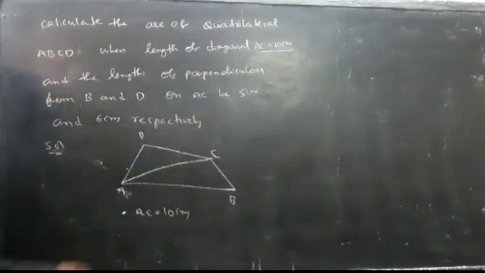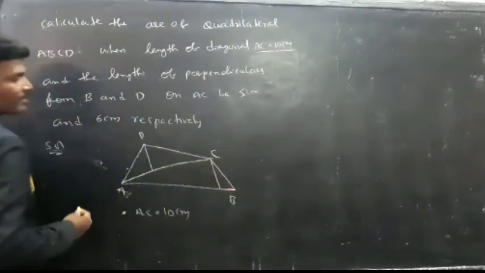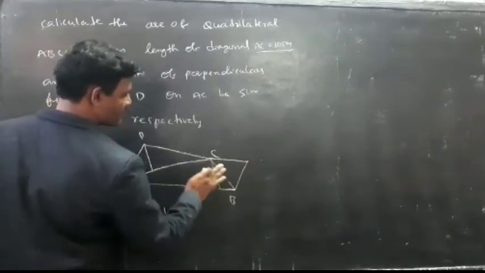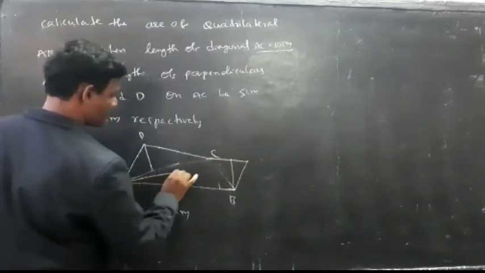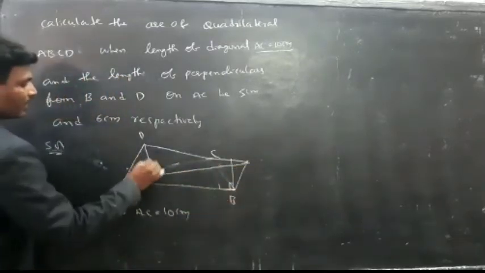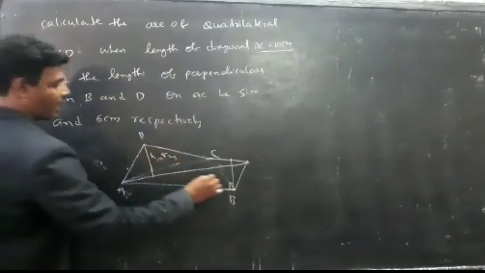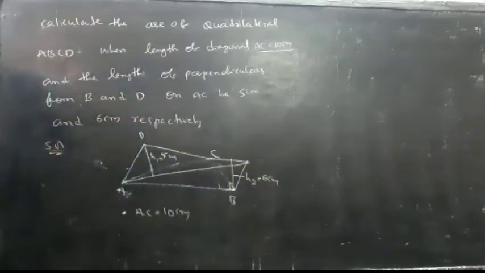And the perpendiculars from D and also from B. Here, h1 is equal to how much? 5 centimeters, and h2 is equal to 6 centimeters.